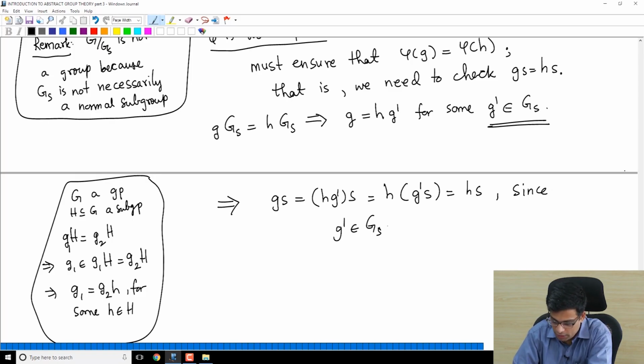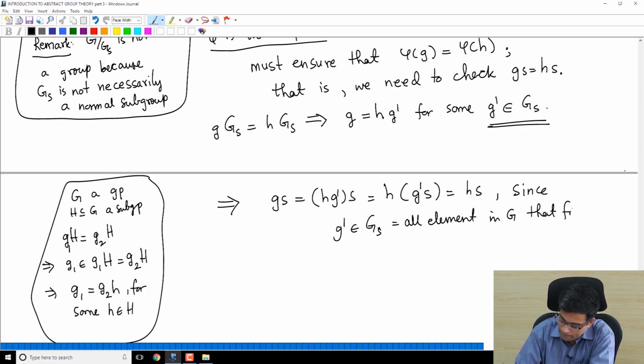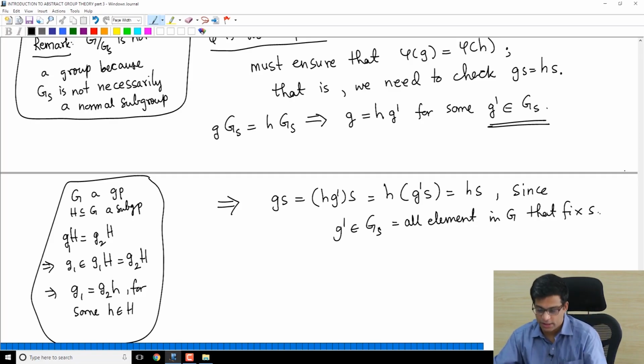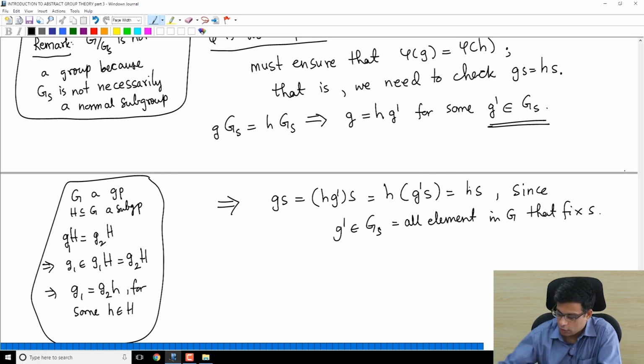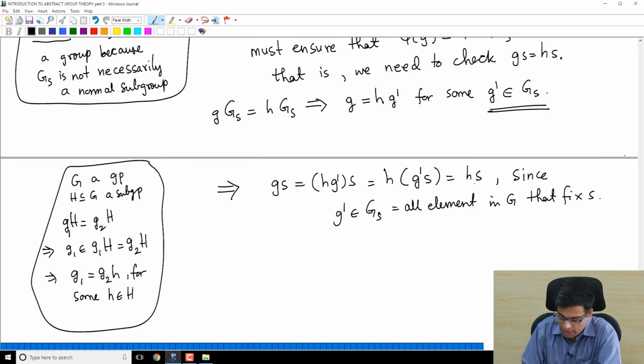What does the stabilizer mean? This is all elements in capital G that fix s. So g prime is an element of the stabilizer, means g prime fixes s. So g prime s is equal to s. So h(g prime s) is just hs. So we have concluded that gs is equal to hs as required.